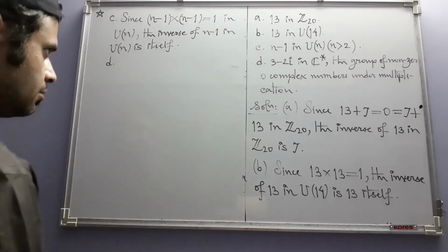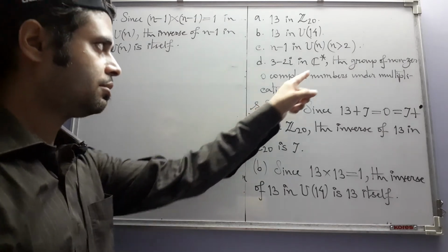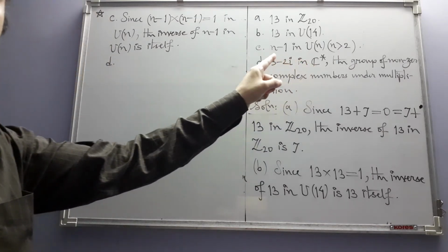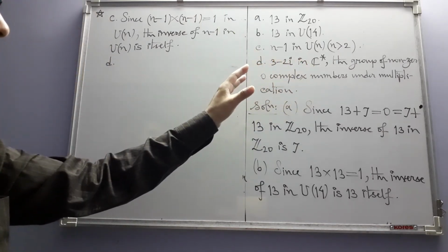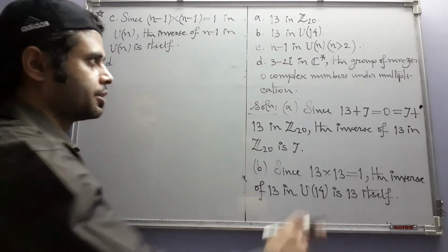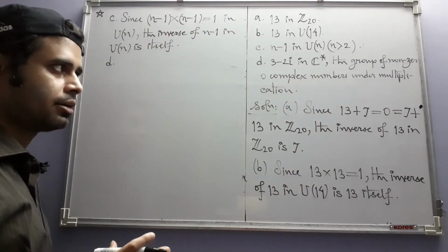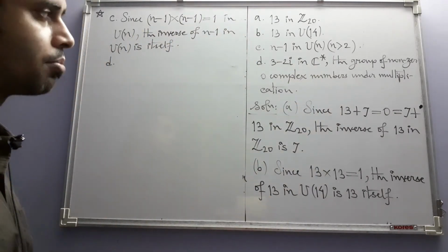And then in D we have the multiplicative group of non-zero complex numbers. Okay, sorry, I should not say anything about fields at this stage. If you consider the non-zero complex numbers, they form a group under multiplication of complex numbers.